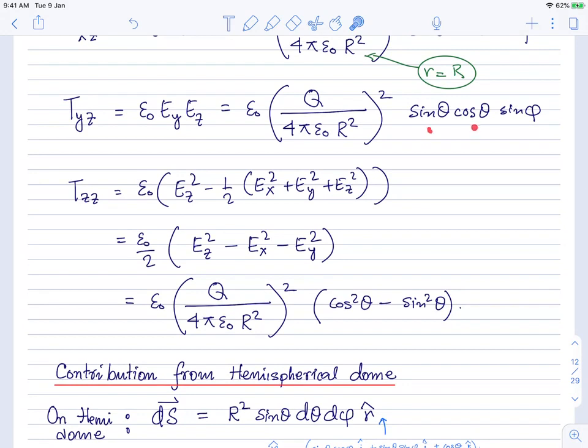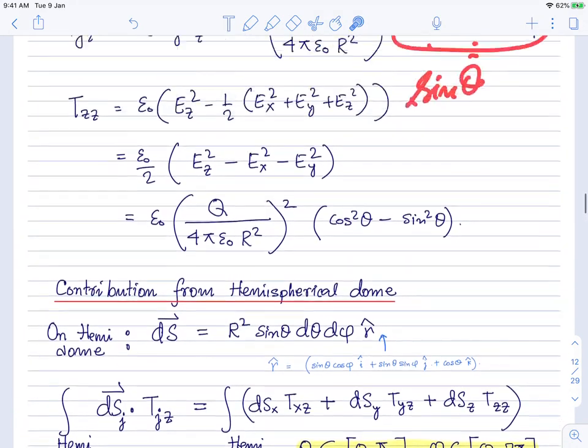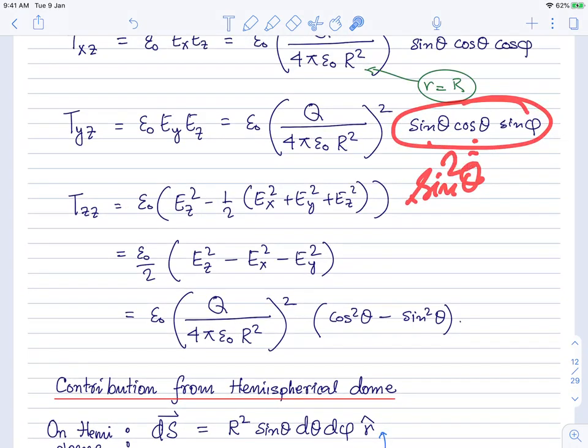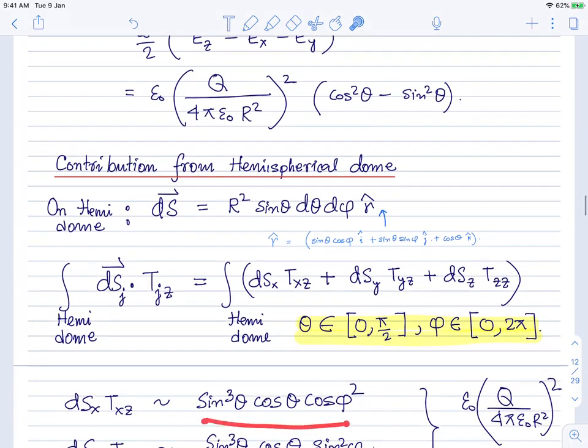Txz has sine theta, cos theta, sine phi. So with this, you have to multiply sine square theta cos phi. That will make it sine cube theta cos theta, and that is going to make it sine cube theta cos square phi.